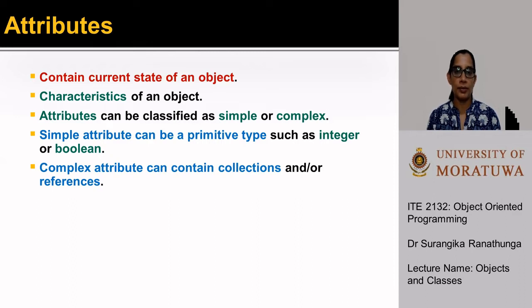So a simple attribute is derived using a primitive type such as integer or boolean. In contrast, a complex attribute can be created using a data structure, such as an array, or some other object, such as a string.